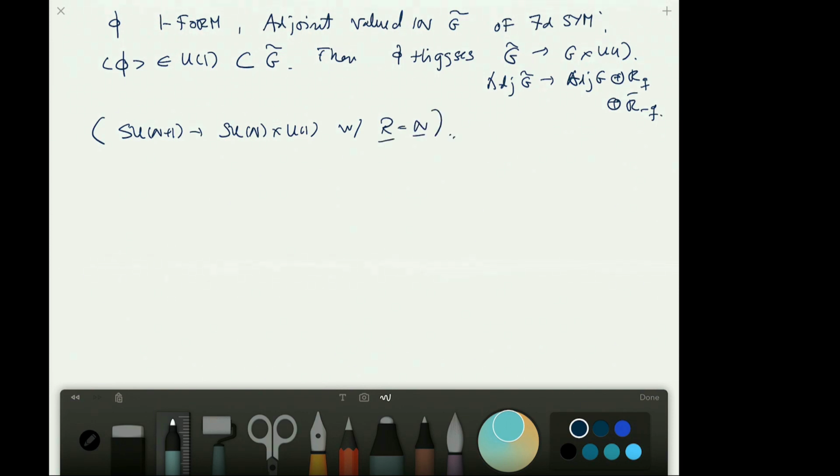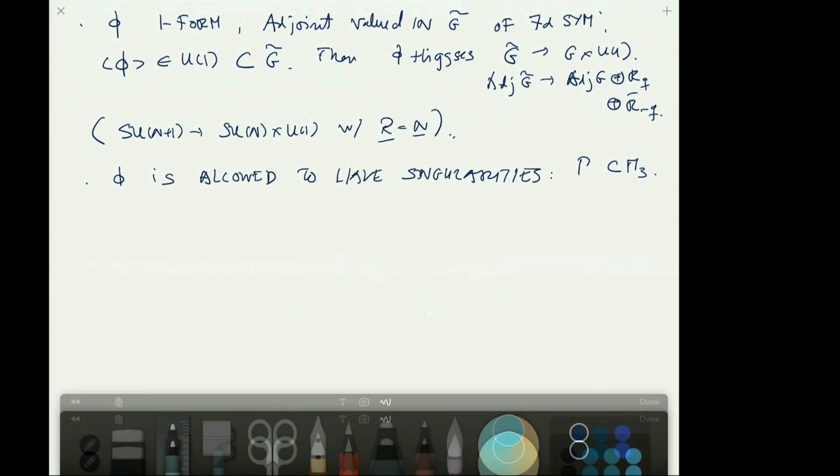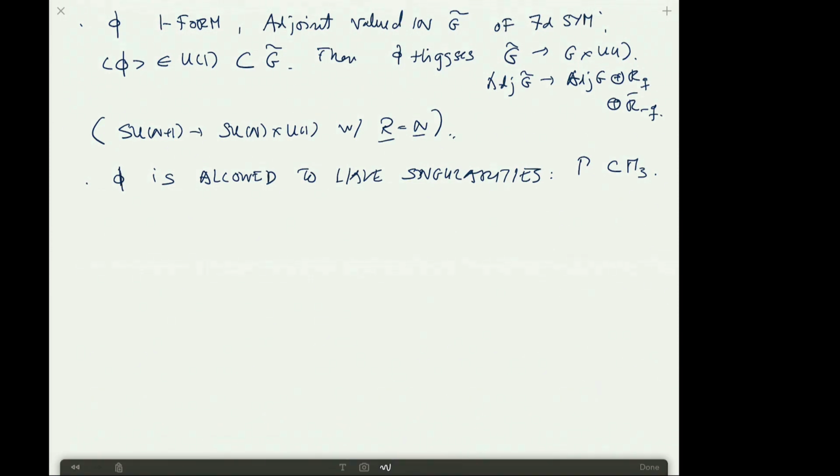Okay. So if I consider something like this, and I also allow this phi to have singularities, say on some subset gamma inside M3, I can ask, so how do I actually now solve these equations? What are the type of equations that I have to solve now?